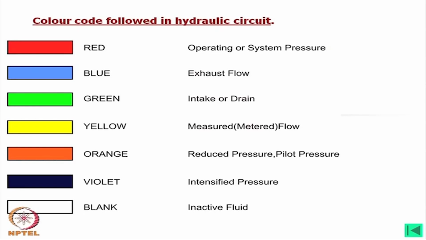If you are well conversant with these colors, then looking into the circuits, if it is colored, you will be able to understand where pressurized oil, where drain, where leakage, where control, where intensified pressure is there, and there is inactive fluid as well if it is blank.